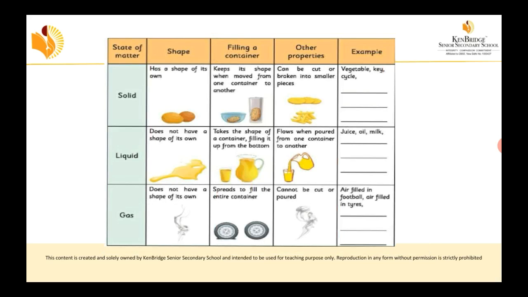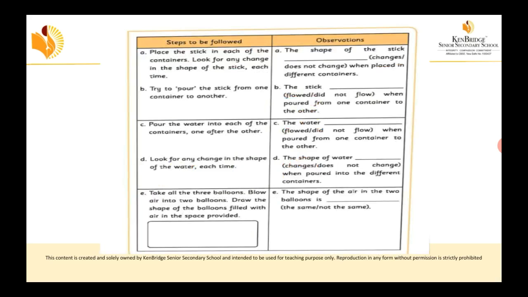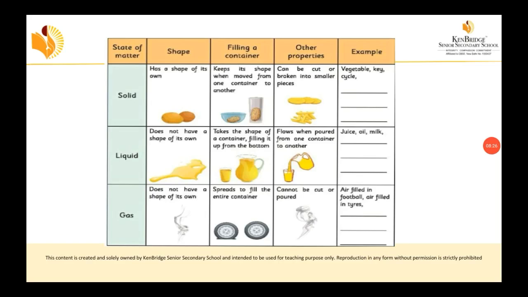So here, see the states of matter. What are the states of matter we have? Solid, liquid and gas. A solid has a shape and can be cut. Give examples: vegetable, key and cycle. You have to write other examples. Liquid does not have any shape.